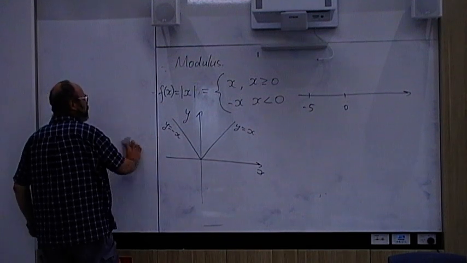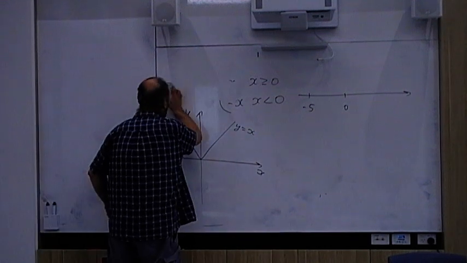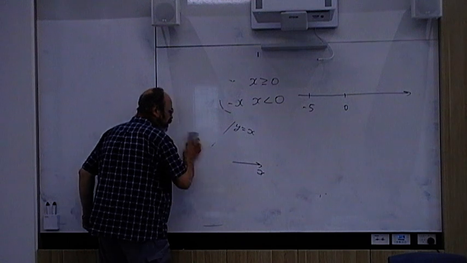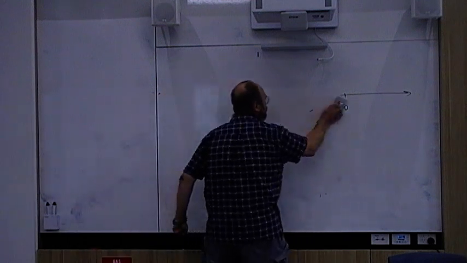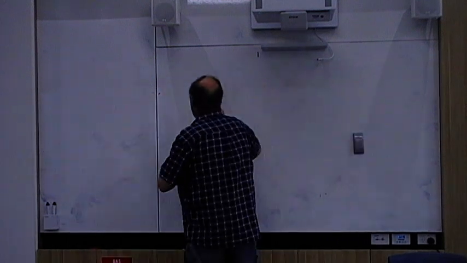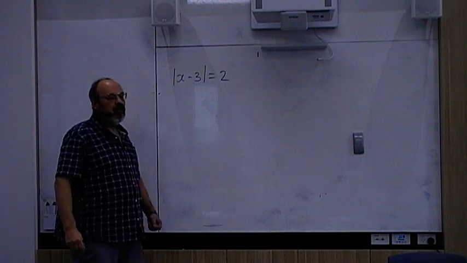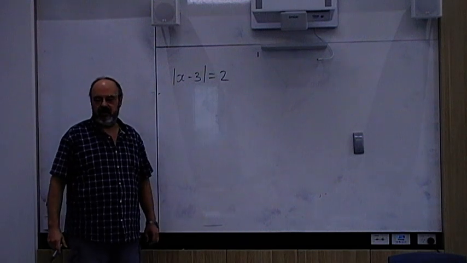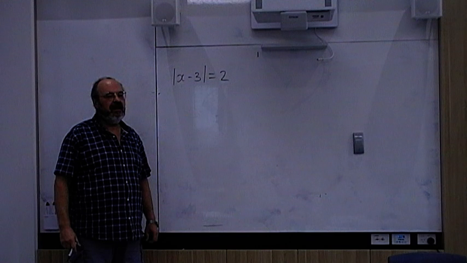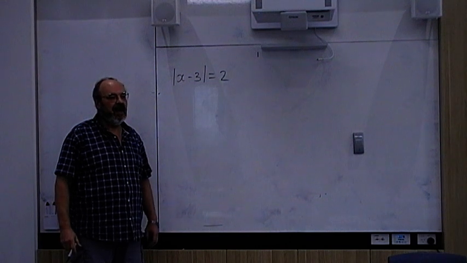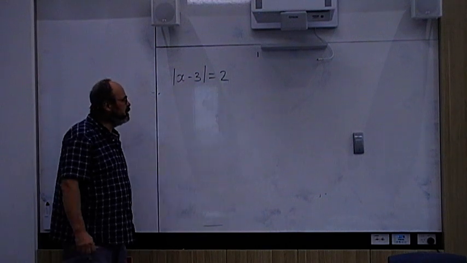Now, solving equations with the modulus. Let's start from a very simple equation. Modulus of x minus 3 equals 2. The easiest way to solve this is understanding that modulus is the distance.